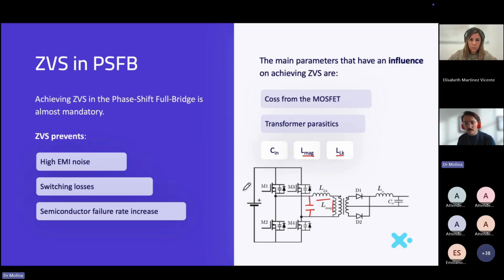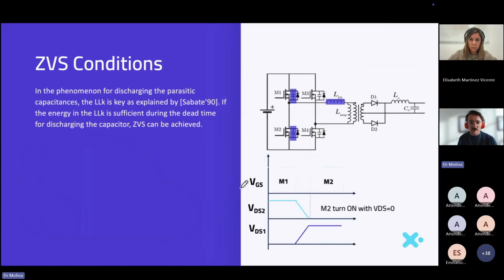So let's move to the next point. What are the zero voltage switching conditions? The big problem happens during the switching, as I said. Imagine this is the gate signal. These are the signals that switch on or switch off the MOSFETs.